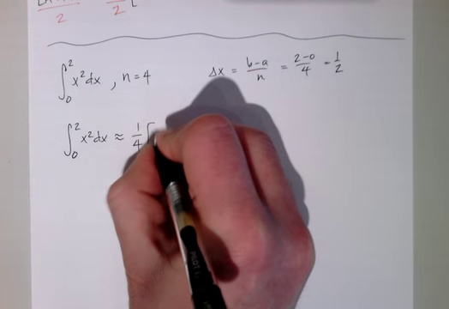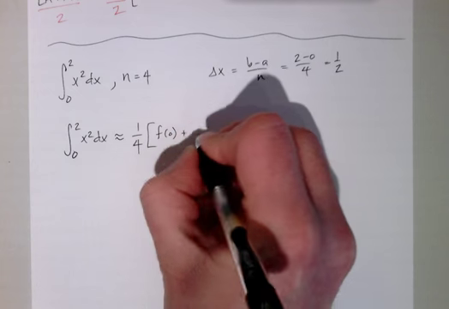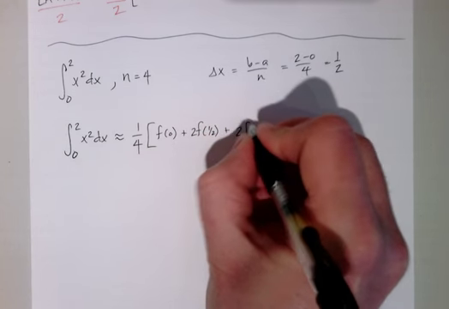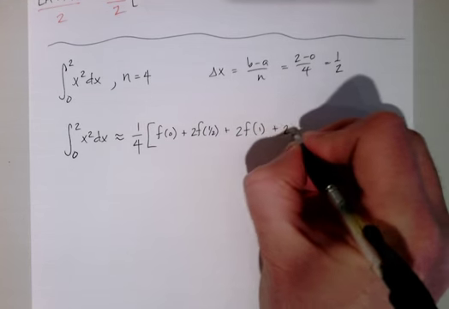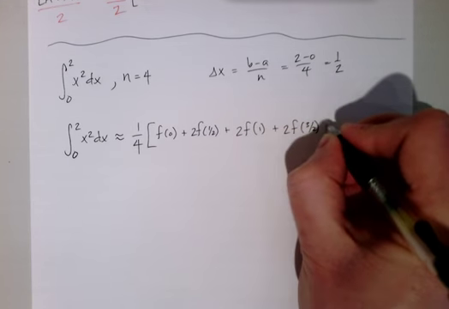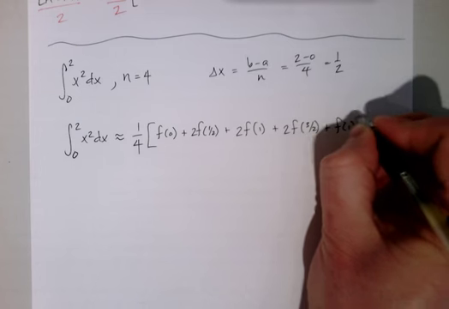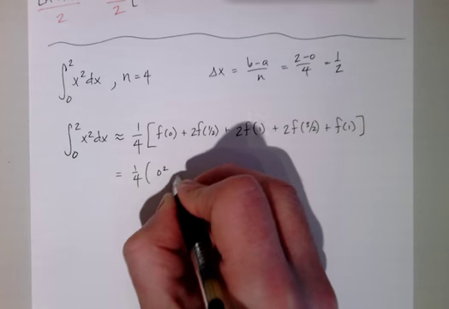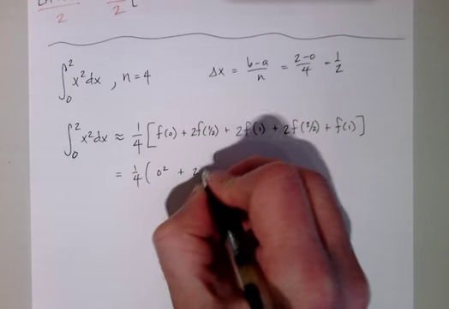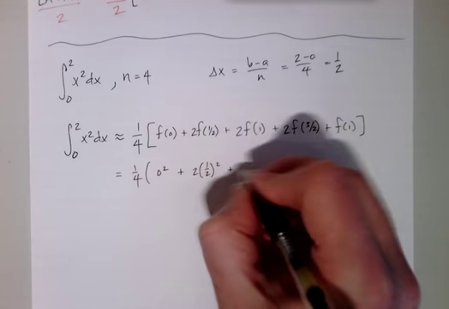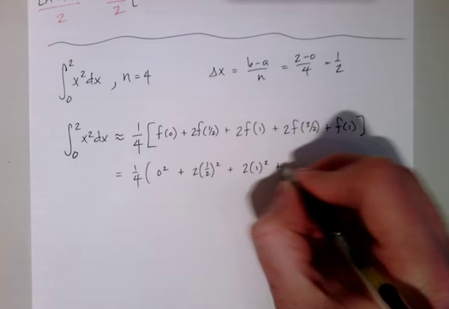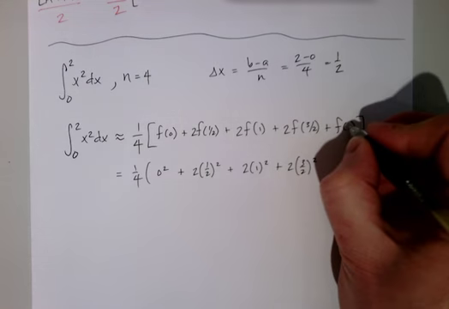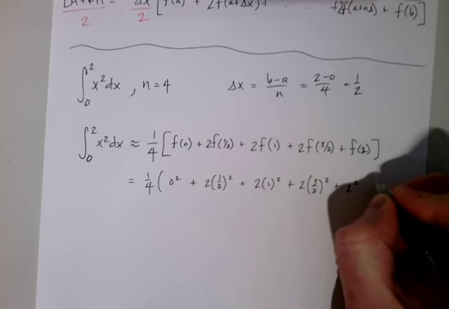And then I need f of 0 plus 2 times f of 1/2 plus 2 times f of 1 plus 2 times f of 3/2 plus f of 2. And of course, since this is squaring, it's relatively easy. 0 squared, 2 times 1/2 squared, 2 times 1 squared, 2 times 3/2 squared, plus 2 squared.